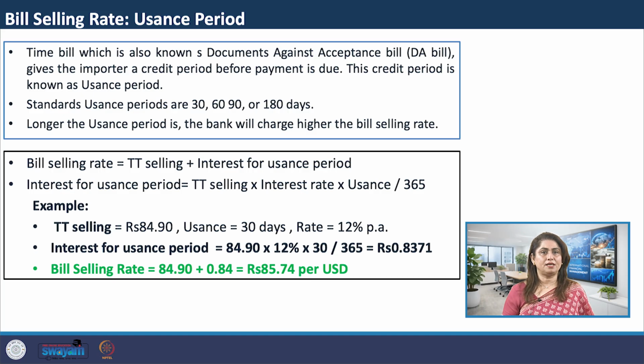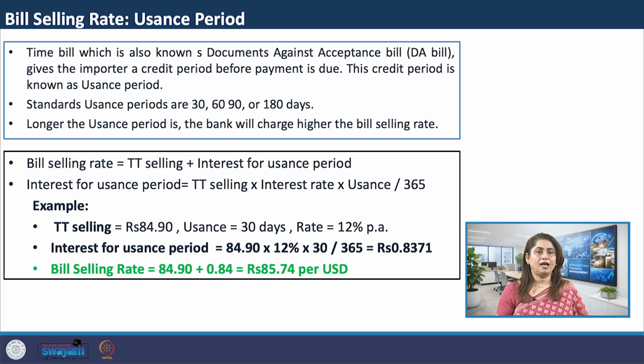TT selling rate is 84.90, usance is equal to 30 days, interest rate is equal to 12% per annum. So interest for usance period is equal to 84.90 into 12% into 30 by 365, which gives us an approximate figure of 0.84 rupees per dollar.